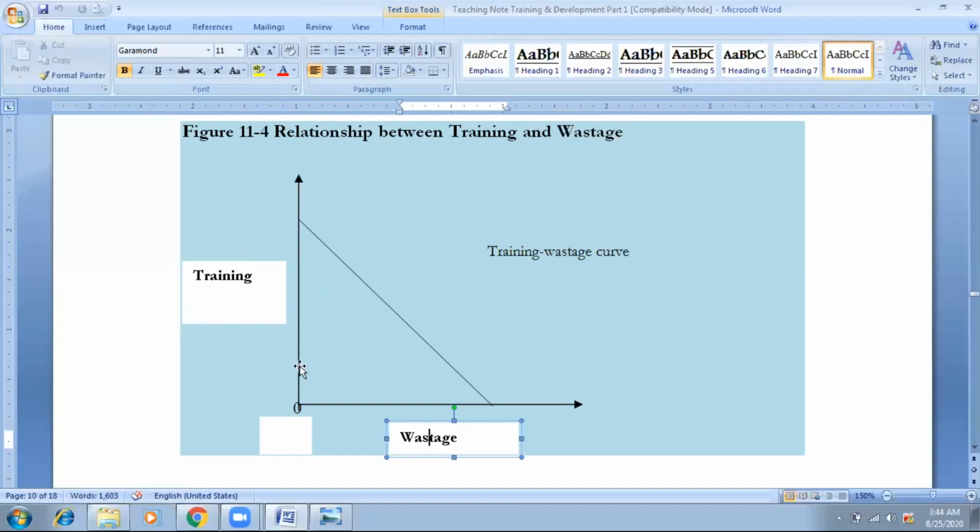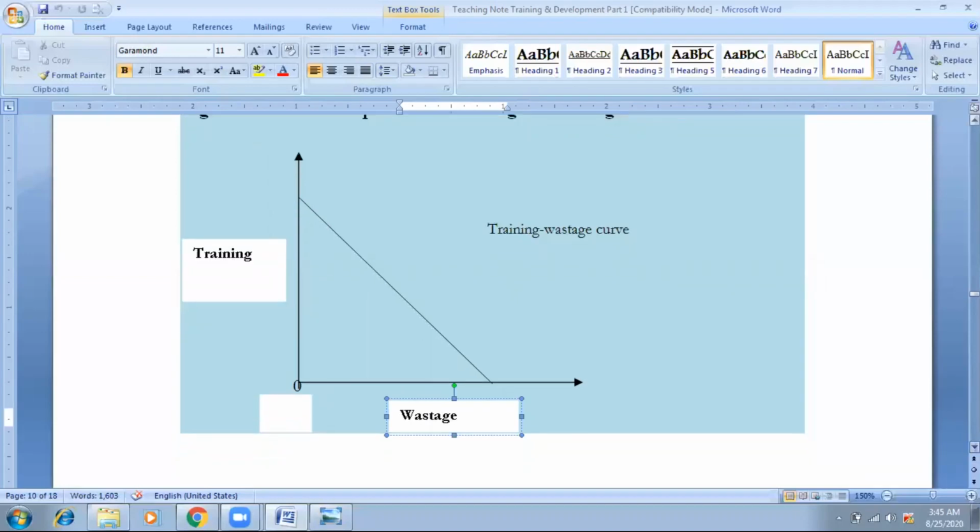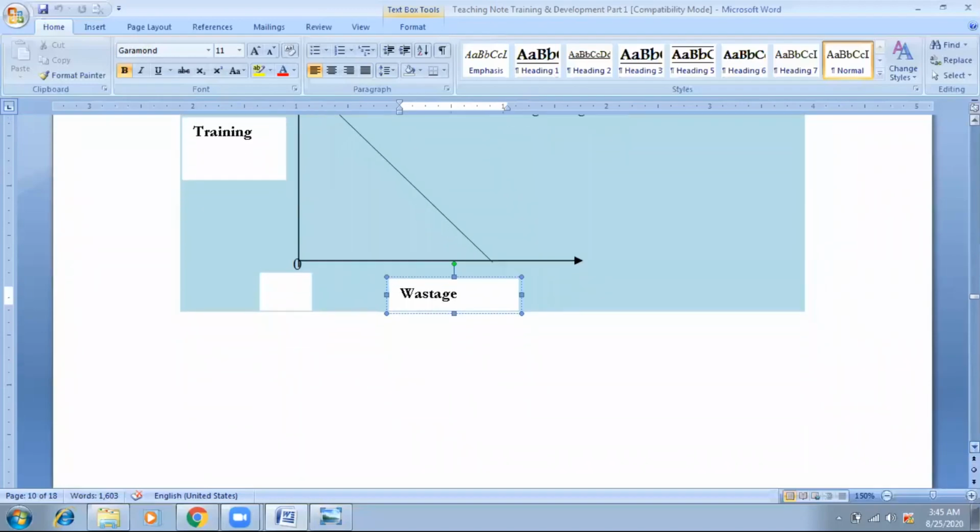Assume here the training is lesser, then the amount of wastage is high. Then here, assume a higher level of training. Then the wastage will get reduced. So increased training will result in reduced wastage, and reduced training will result in increased wastage.